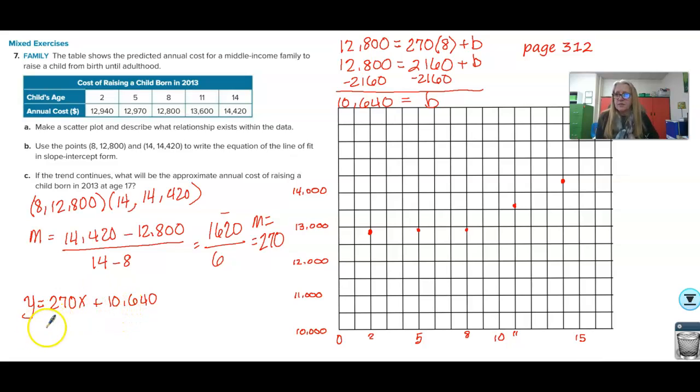All right, so we're going to make x be 17. 270 times 17 plus 10,640. 270 times 17 gives us 4,590 plus 10,640.